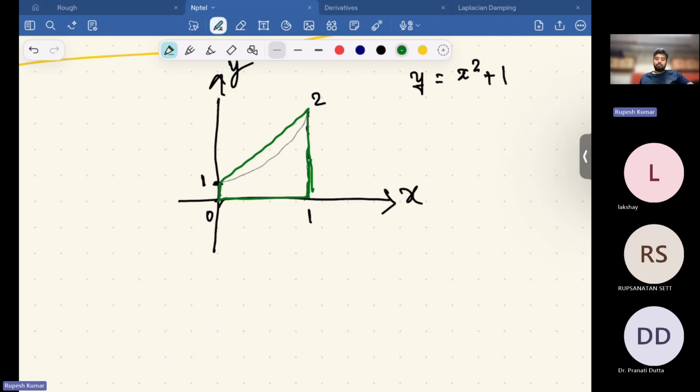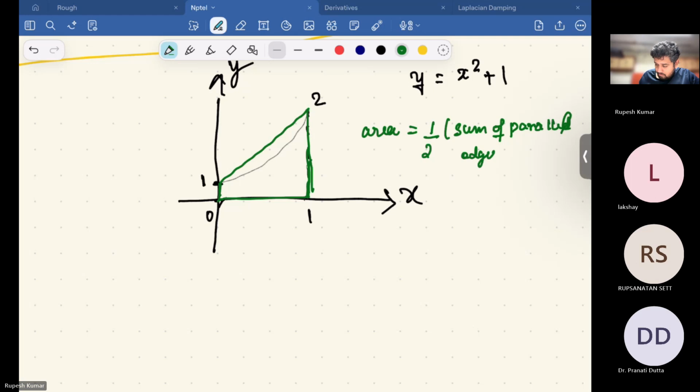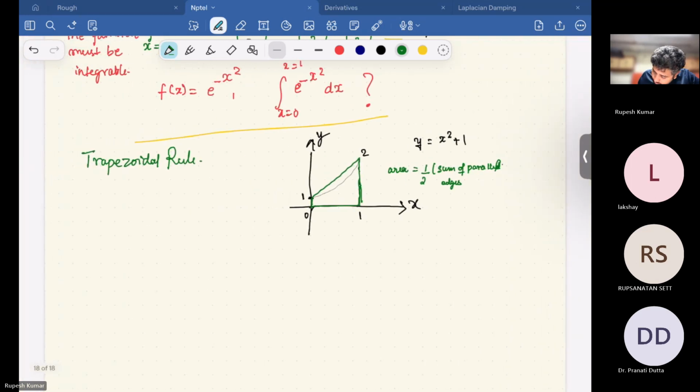And then you can use the area formula: area is equal to 1 by 2 into the sum of parallel edges, into height, right.